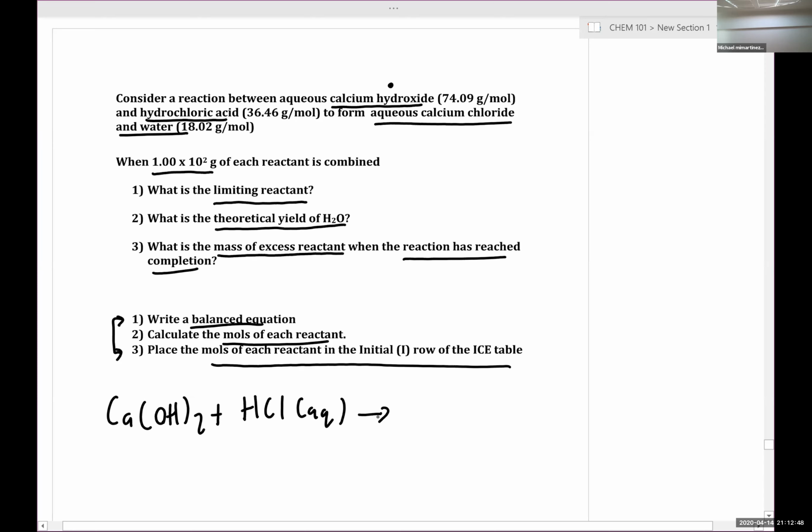Okay, and then for calcium chloride, would someone like to volunteer with the formula for calcium chloride? Yep, CaCl2, exactly right. And as a byproduct, we generate water.